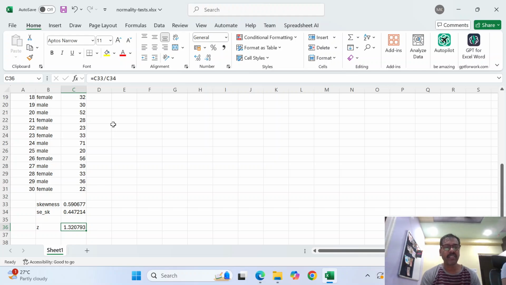Here the z value is roughly 1.3, which is less than 1.96, so at the 95% confidence level, or 5% significance level, I can infer that the salary distribution in this data set is normally distributed.